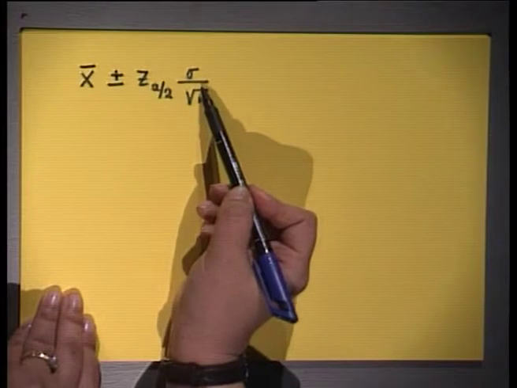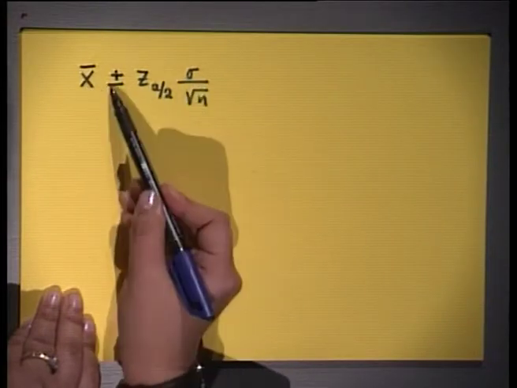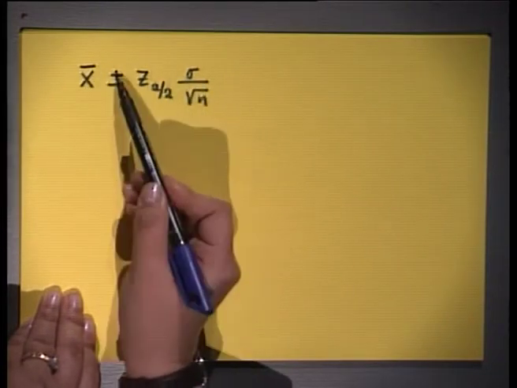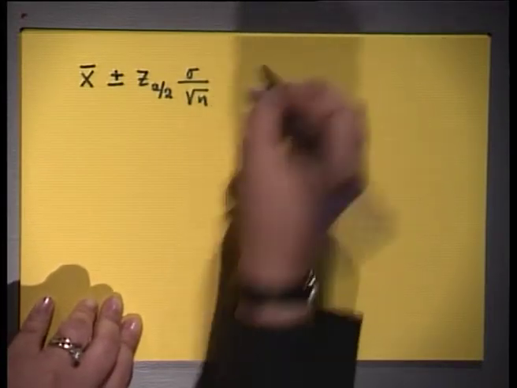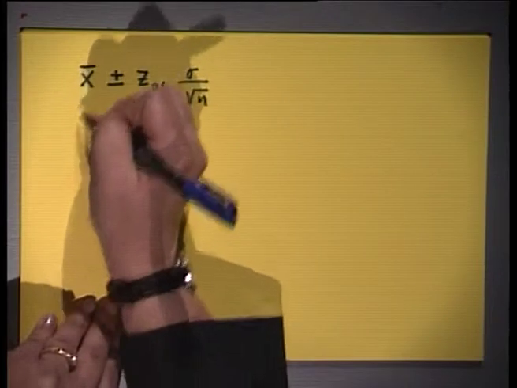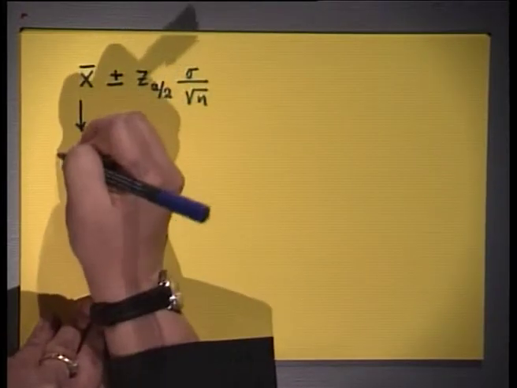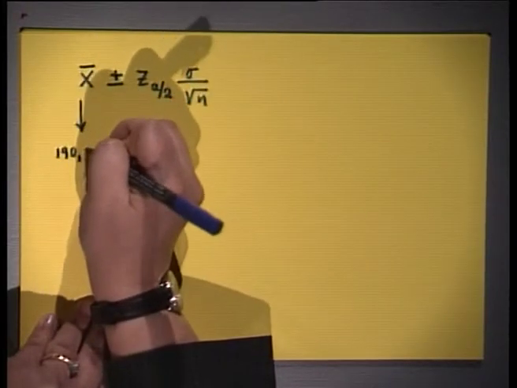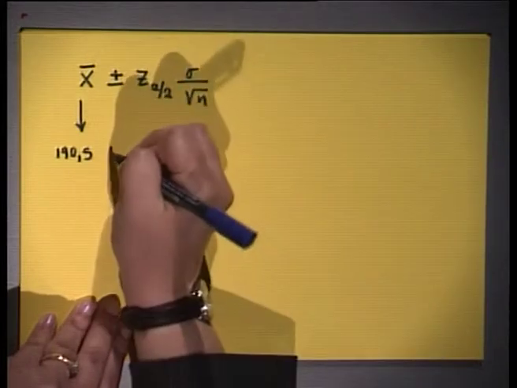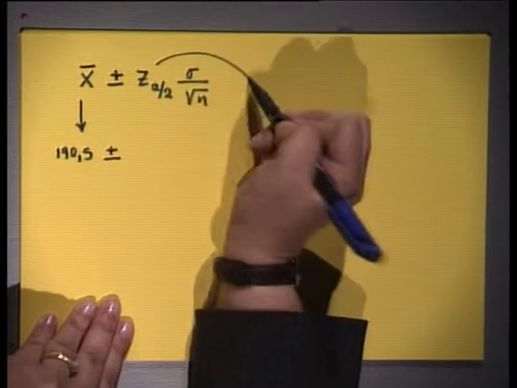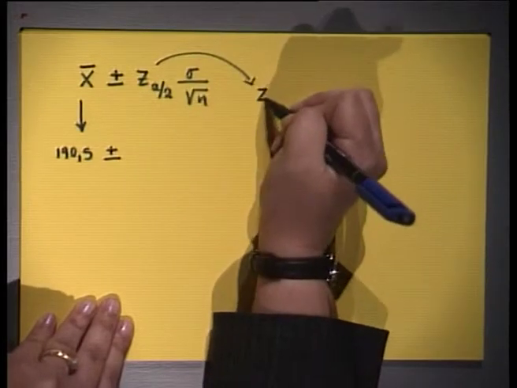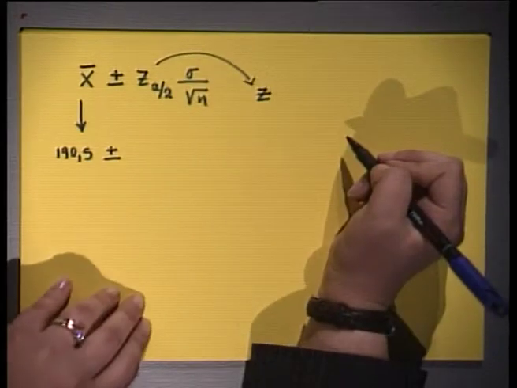These are two values. The smallest is with the minus, the largest is with the plus. And so we have, for this example, plus minus.